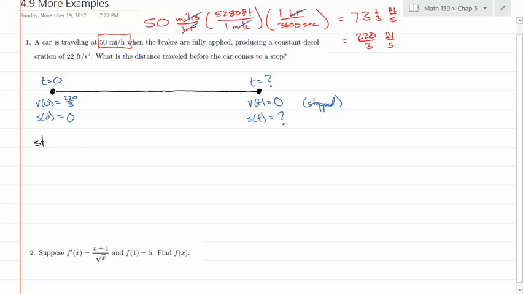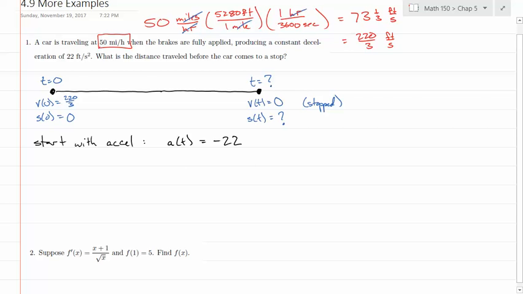You always start with acceleration. Right, a of t, the acceleration is -22. It is negative, it's a deceleration. I'm considering the velocity to be positive, and so therefore the acceleration has to be negative to slow it down. Okay, so a of t is -22, and it is a constant, right?